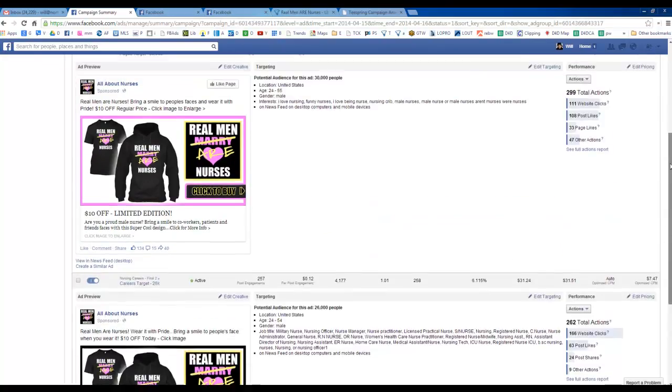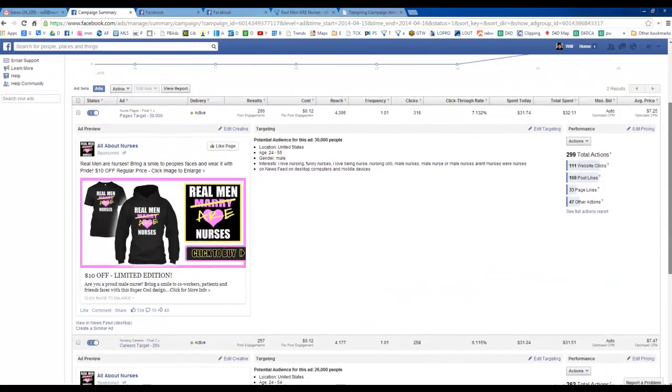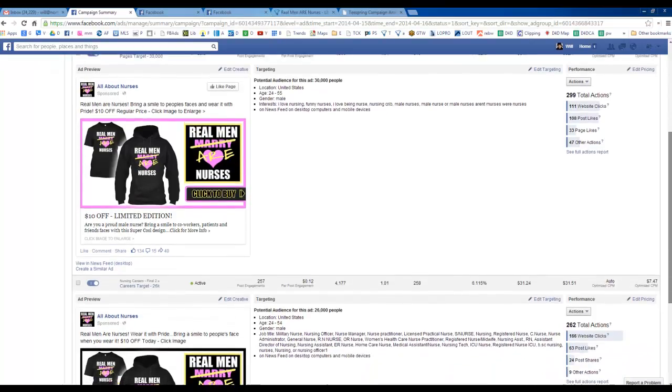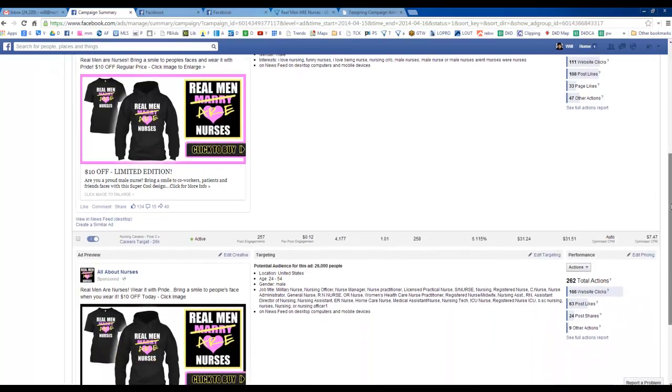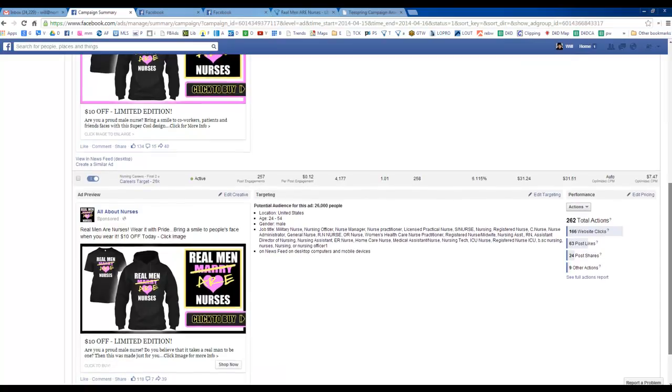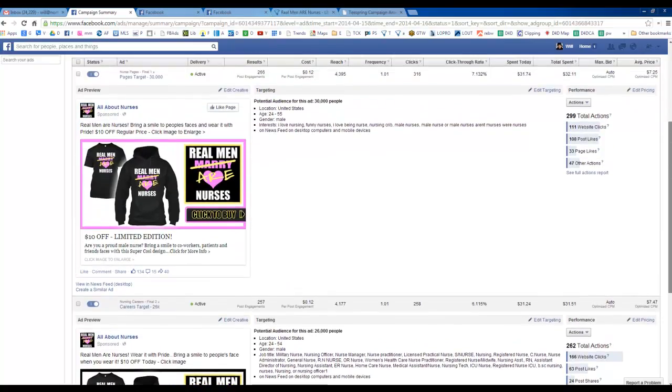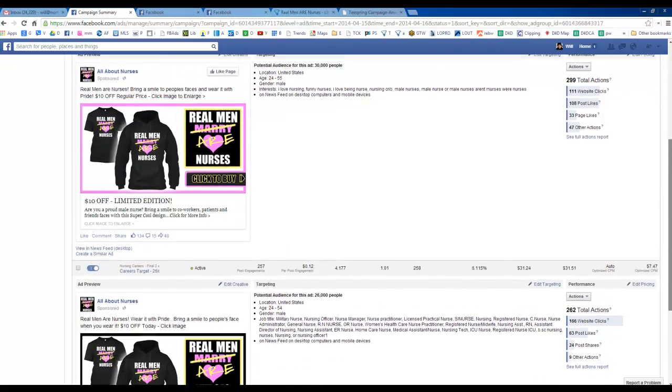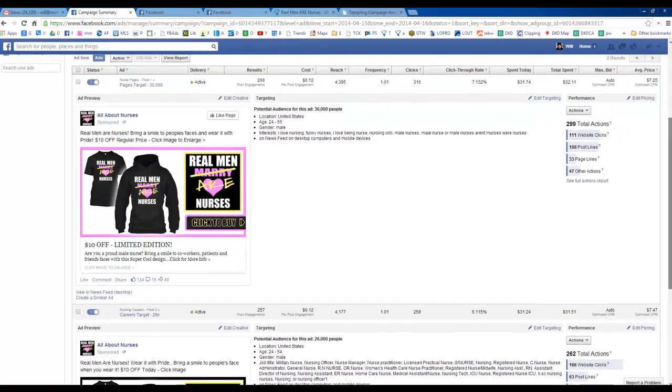I don't think I'm going to tweak anything moving forward here. And again, we're only using Facebook's audience. We're not using any custom audiences. We're just using the audience that Facebook provides in their system for targeting.